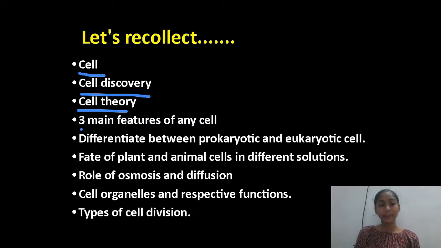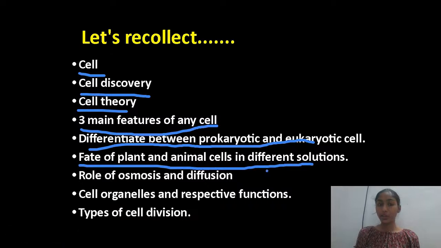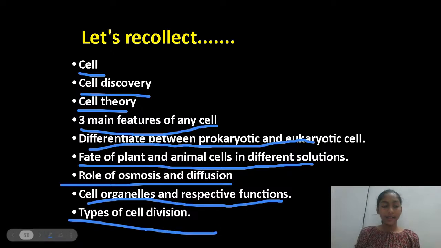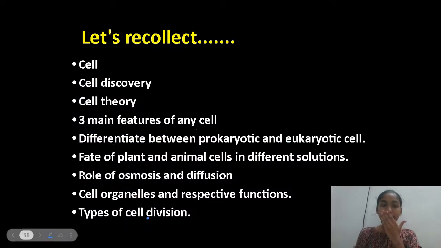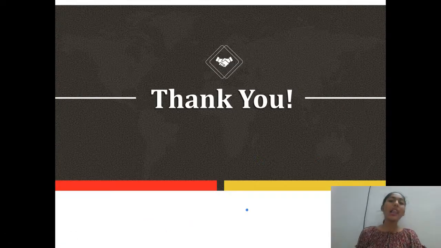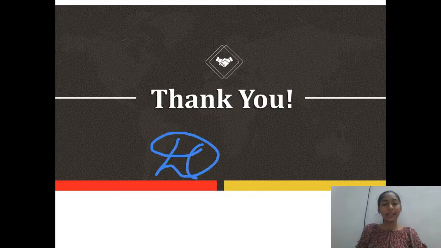Three main features of any cell, differentiating between prokaryotic and eukaryotic cells, the fate of plant and animal cells in different solutions, that is isotonic, hypertonic, and hypotonic solutions, the role of osmosis and diffusion, cell organelles and their respective functions, and types of cell division. Okay, so that's all. Today we have completed the chapter, and now if you have any doubts, ask me right now.